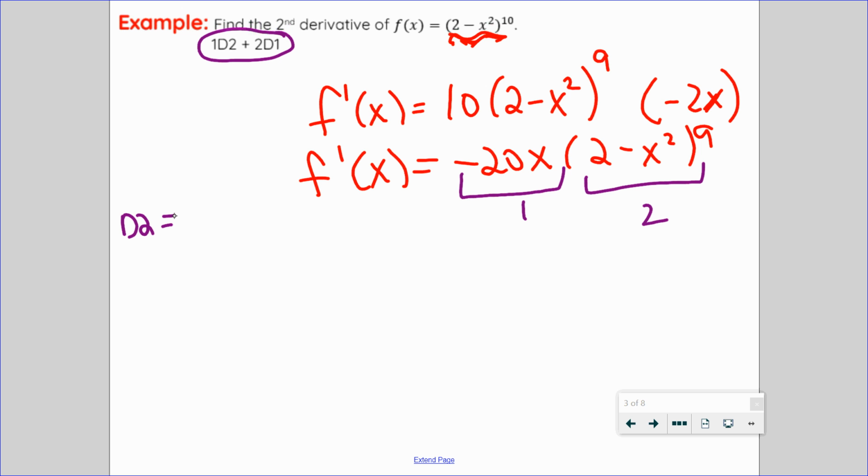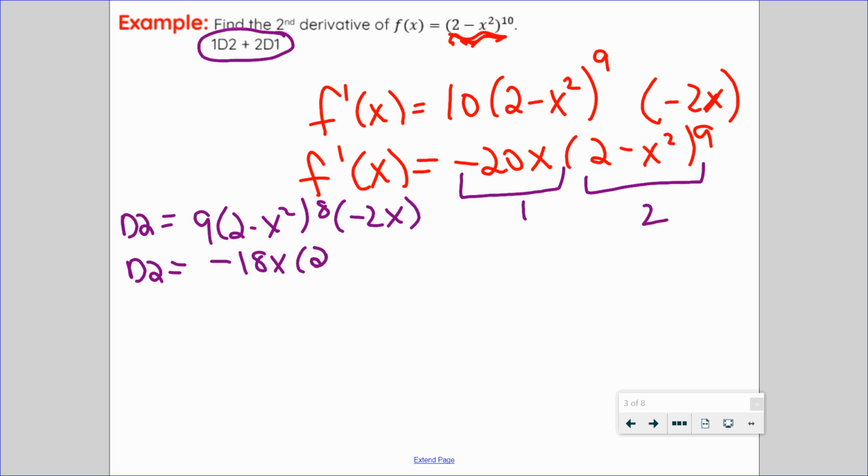So the derivative of 2 minus x squared to the 9: bring the 9 down, decrease your exponent by 1, multiplied by the derivative of the inside, which is negative 2x. Tidying that up, d2 is equal to negative 18x times 2 minus x squared to the 8. And then d1, the derivative of the first function, is just negative 20.